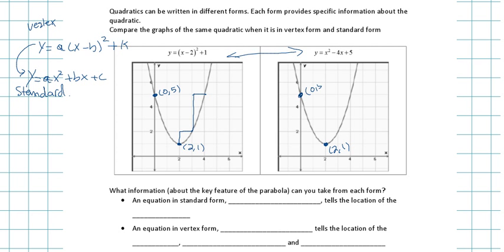Step pattern, go up 1 over 1, up 3 over 1. Exactly the same thing. Now these two equations are the exact same equation. y equals (x minus 2) squared plus 1 is exactly the same as y equals x squared minus 4x plus 5. The difference is this is vertex form, this is standard form.